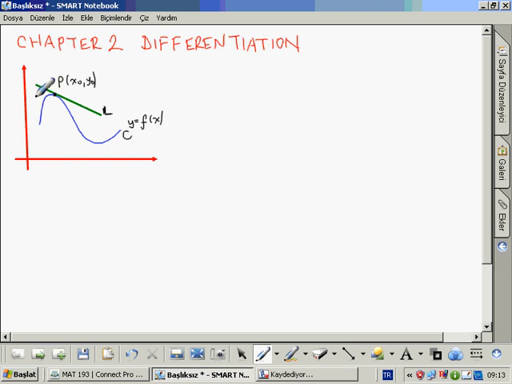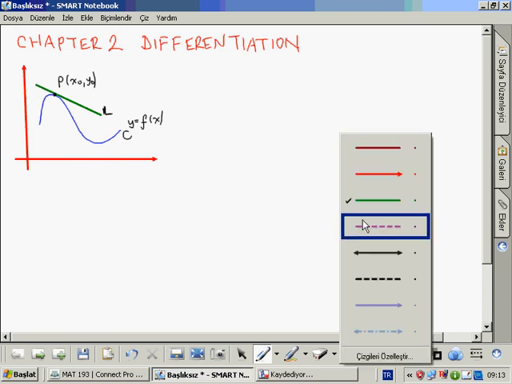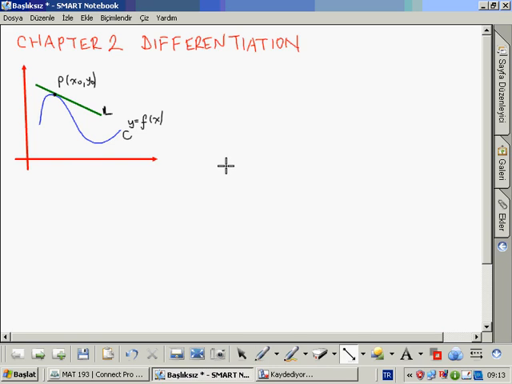And that means this is not only one curve.